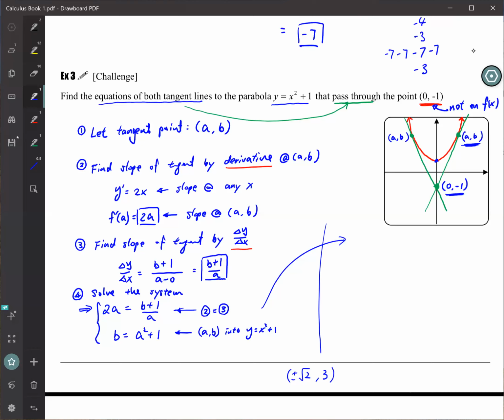Okay, I'm going to carry out the steps here. Like Jesse said, we could cross multiply the a to the left. You get 2a squared equals b plus 1. And then plug in b, right? So 2a squared equals a squared plus 1 plus 1.